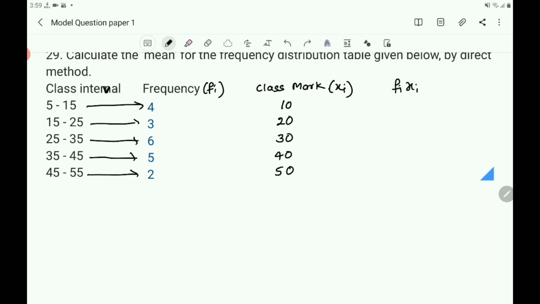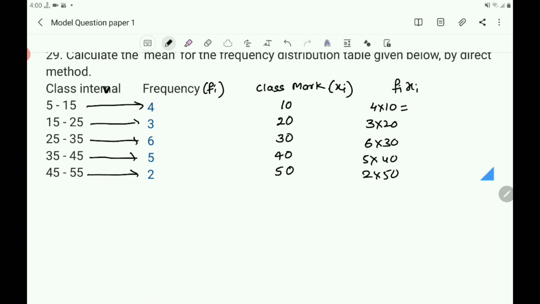Then you find the product of class mark and frequency, Fi Xi. That is 4 into 10, 3 into 20, 6 into 30, 5 into 40, and 2 into 50.